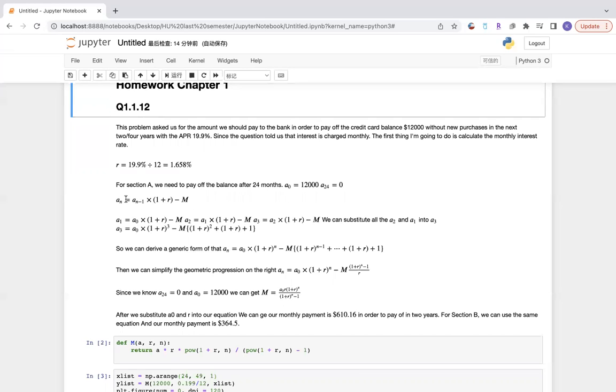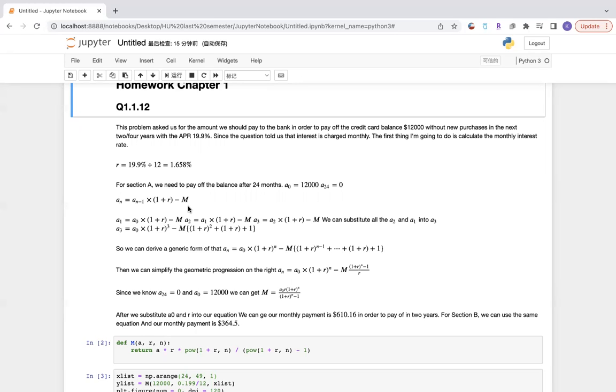So that would be last month's remaining times the monthly rate, minus the monthly payment. So this would be the new balance we need to pay this month. So we have this equation.